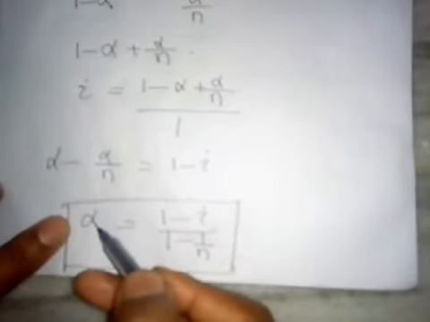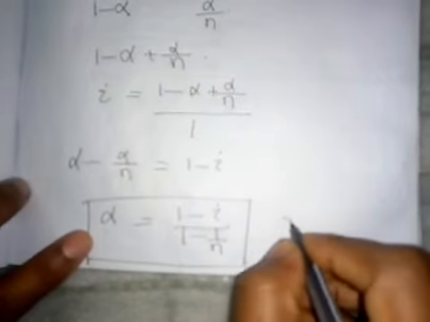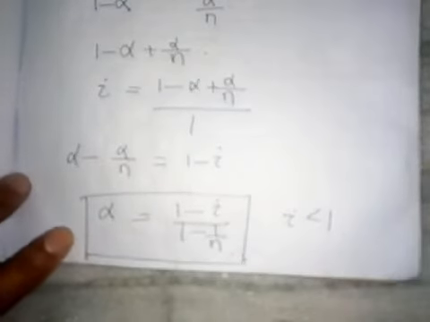This is the degree of association, and here i is less than 1.